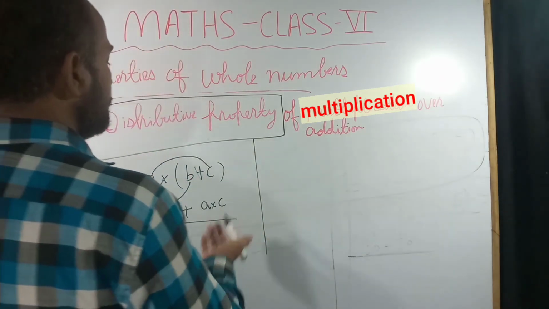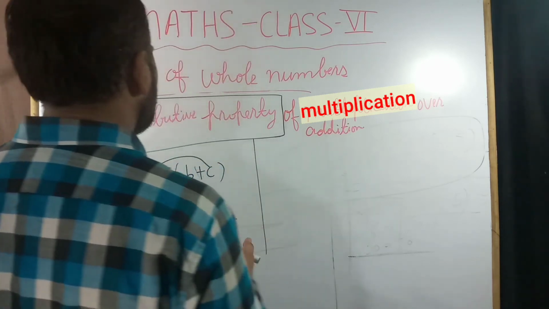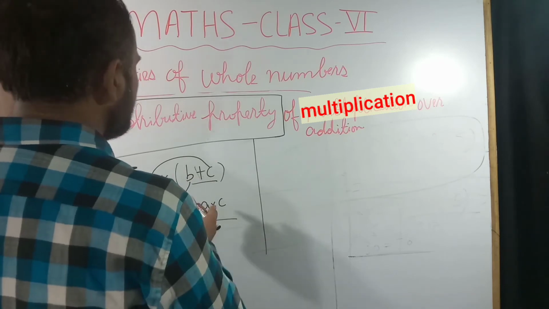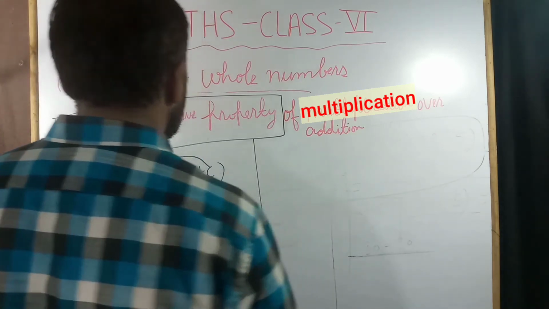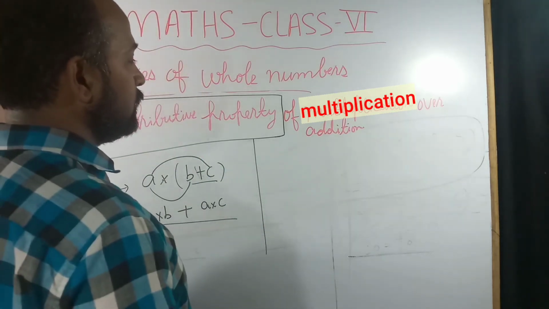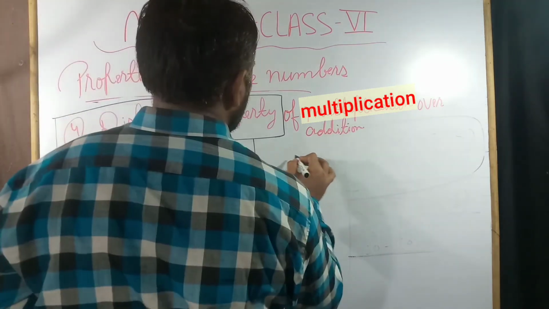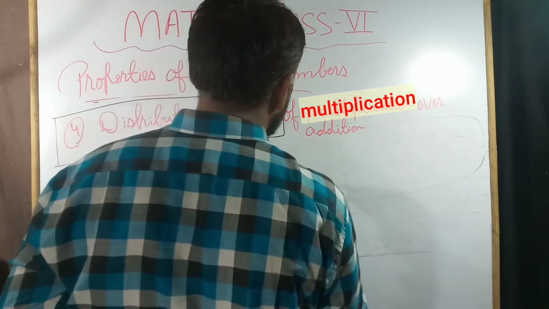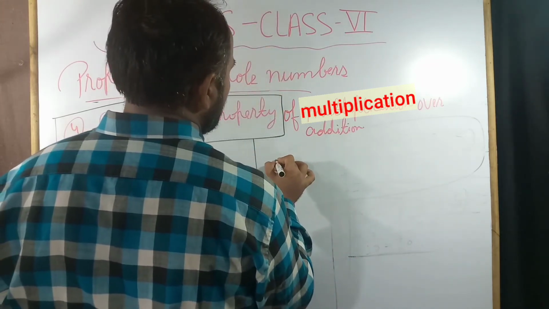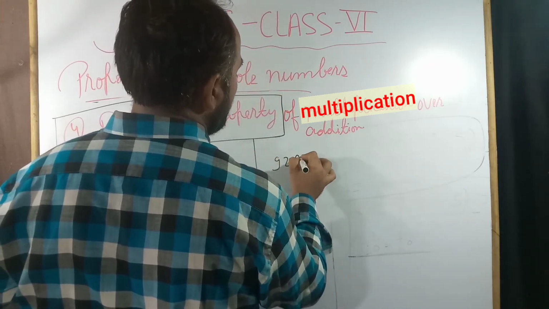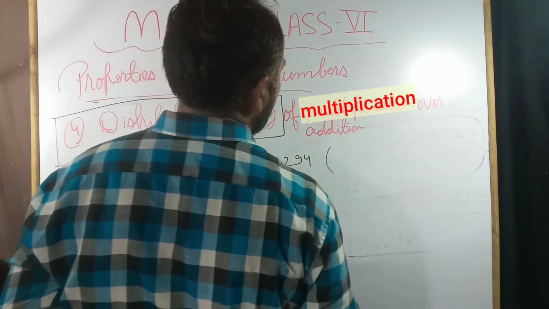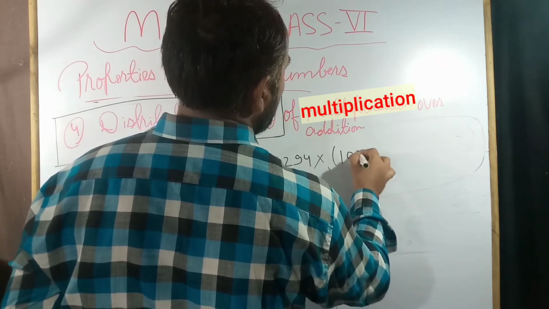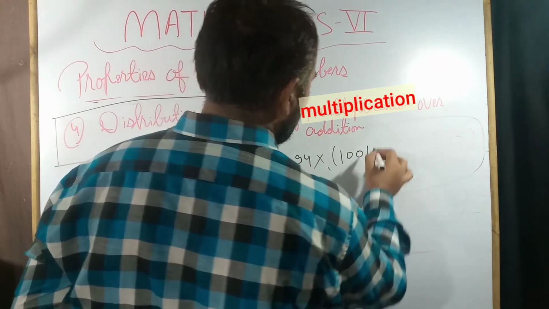We can also do it in our usual method, first do the addition and then multiply. That is also possible, but in some cases it is not convenient. I'm taking one case here. Suppose I want to multiply 9294 with 1001.